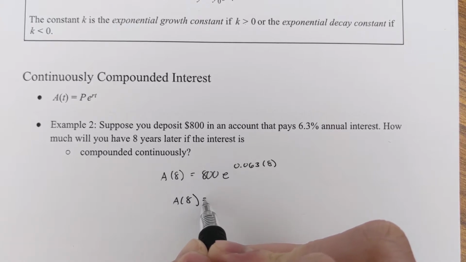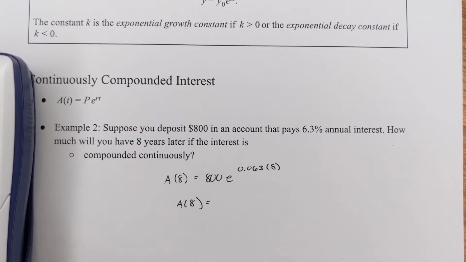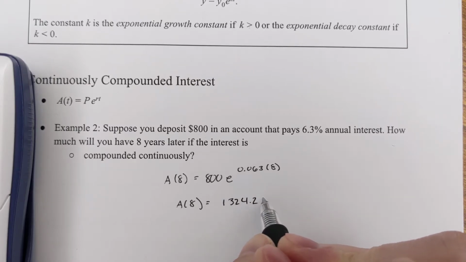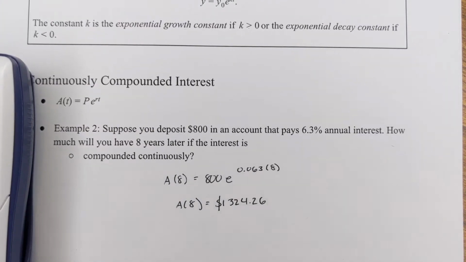Those are all numbers, so that can all just go to my calculator. 800 e to the 0.063 times 8. So after 8 years, I have a little bit more than $1,300.